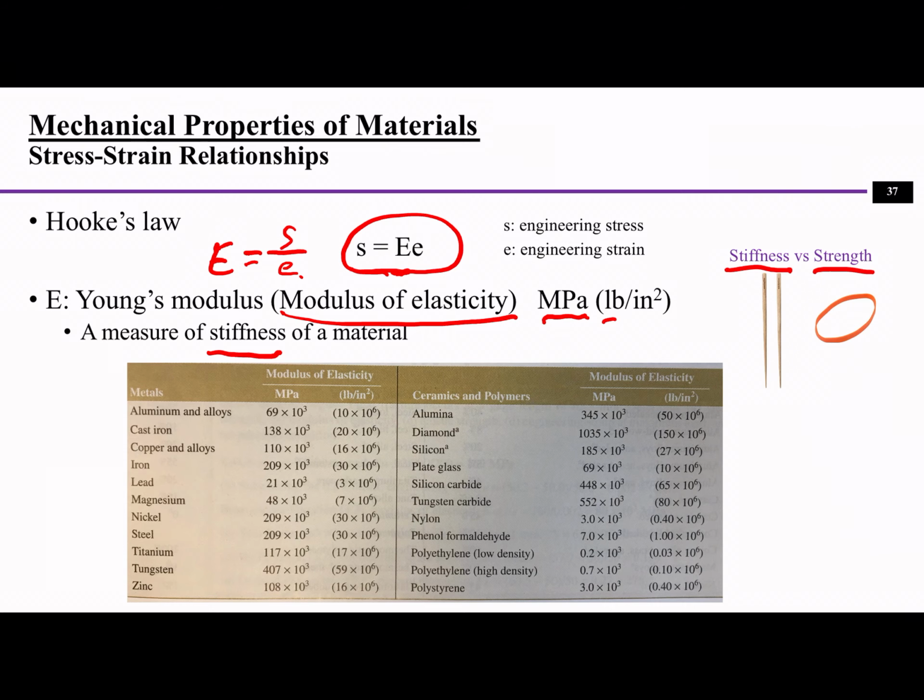For a rubber band, you can apply a really high force, even higher than what breaks the chopsticks, and the rubber band can still return to its original shape. So it means the rubber band has higher strength than chopsticks. Chopsticks have higher stiffness than a rubber band, right? Stiffness means how difficult it is to permanently change its structure or shape.